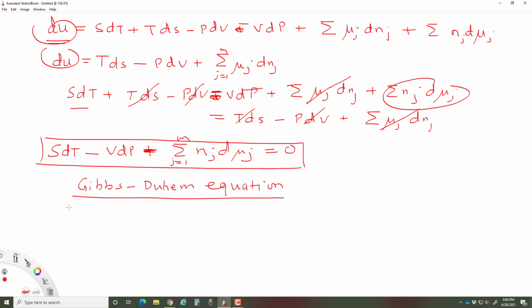Now we have the expression for G, which is the summation of mu j n j, where j goes from 1 to m. If I take the differential of that, dG would be, taking the product rule, mu j dn j plus n j d mu j.